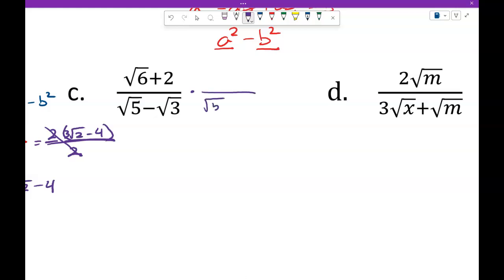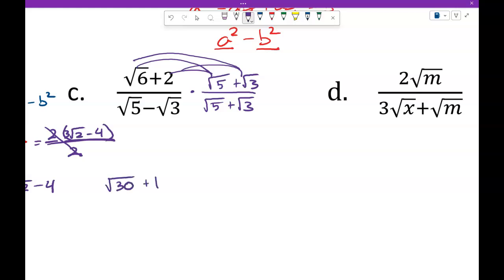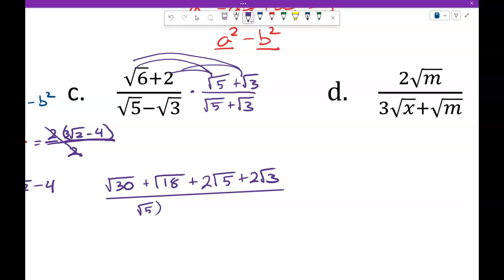Here our conjugate is going to be root 5 plus root 3. The numerator we're going to distribute all 4 multiplications. We'll have the square root of 30 plus the square root of 18 plus 2 root 5 plus 2 root 3 over a squared minus b squared.